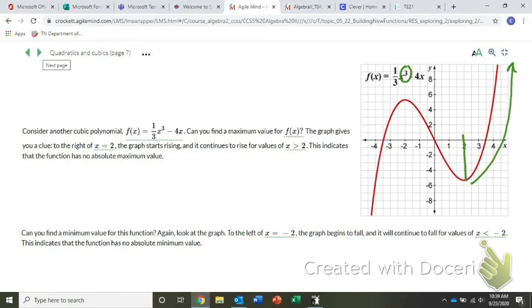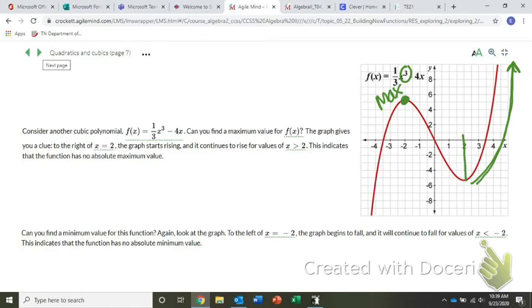This indicates that there is no absolute max value. This is a max value, but we don't have an absolute because do we know where this graph ends? Or do we know what this graph does from here to here? No, we don't.